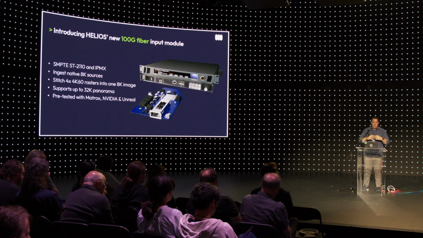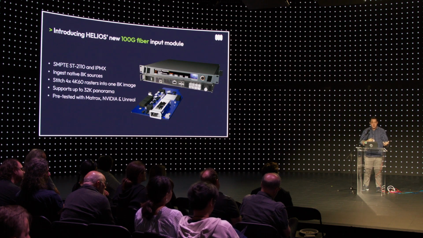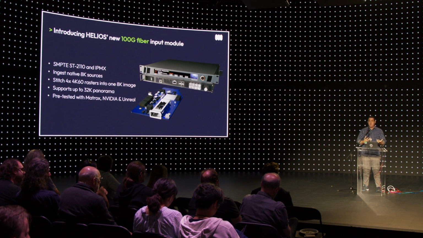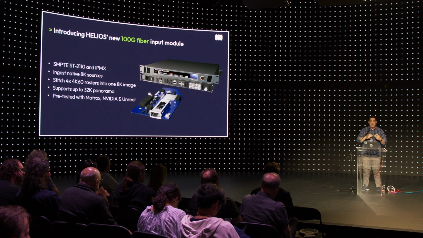In our particular case, we ingest, of course, native 8K sources, but we can also stitch multiple streams together. We can have multiple streams coming from many sources, and they can be put together, let's say, for 4Ks, or even more HD signals. It can be arbitrary sizes as well. We support up to a 32K panorama image in a single RU, which is incredible, because when you look at spaces like this, very often the width of the screen is much bigger than the height.